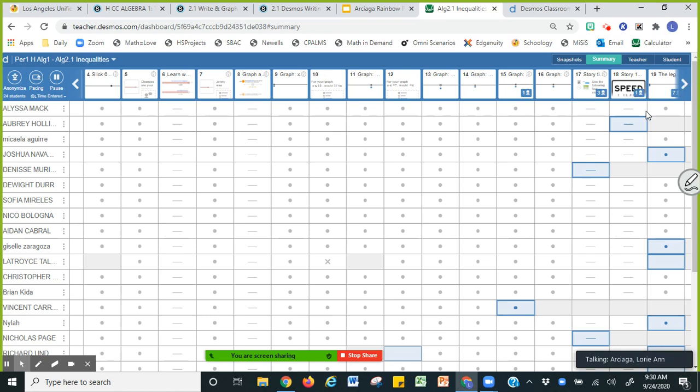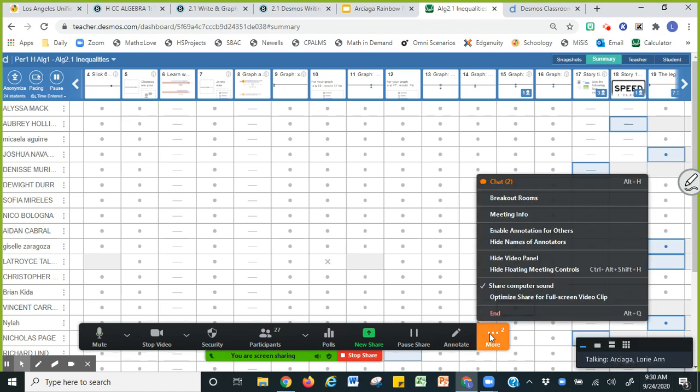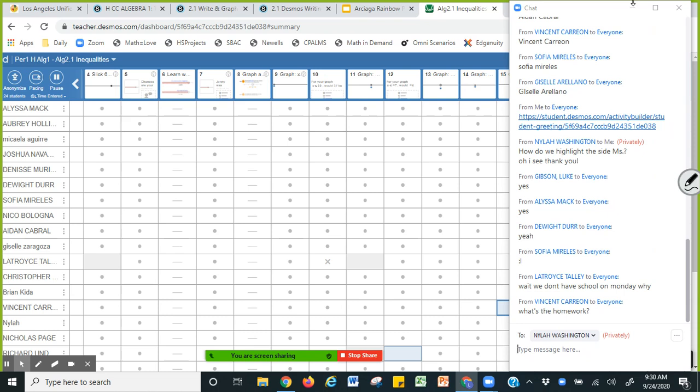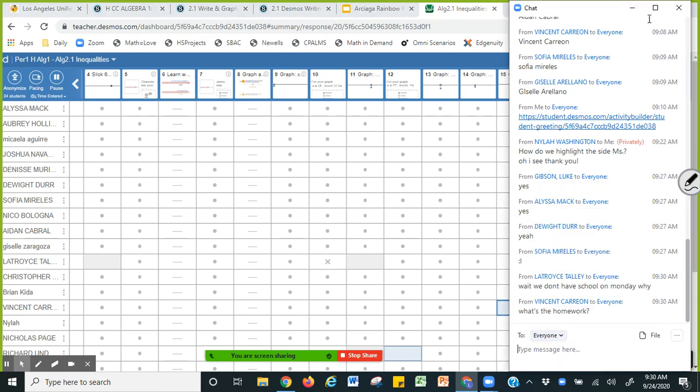Okay. I think my screen is frozen. We don't have school on Monday. If I look at the website correctly, it's labeled no school on Monday. It is an unassigned day, but I forgot the real reason.